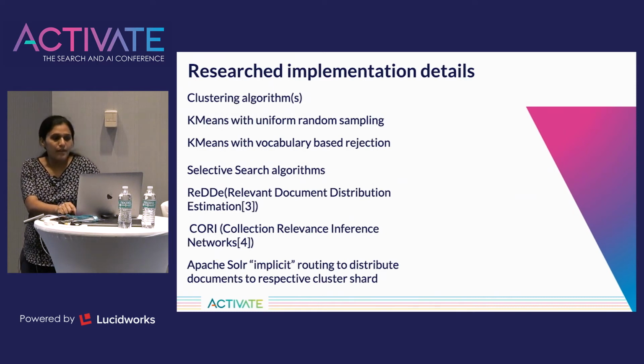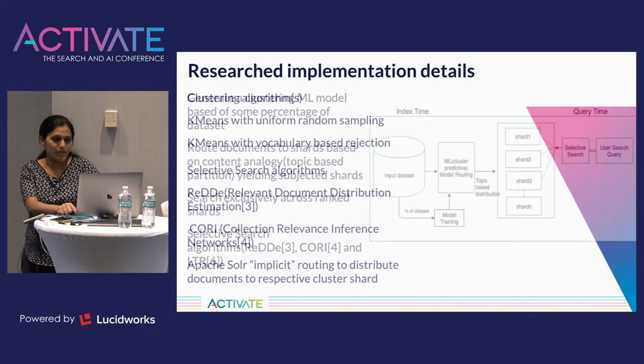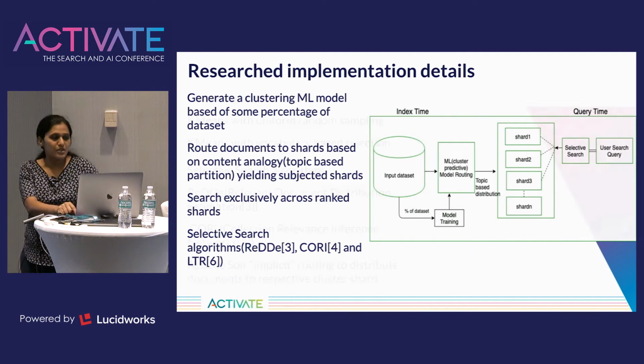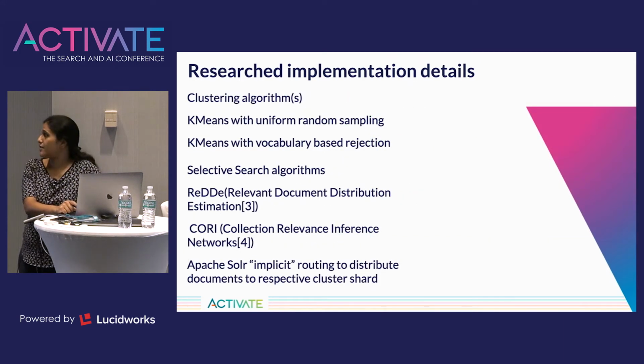So in the implementation, I talked about the clustering algorithms. The clustering algorithm that I have tested on was k-means. Like I mentioned, you could randomly pick 5% or 10% of your data set, uniformly at random, just picking the documents. The second one was vocabulary-based rejection.